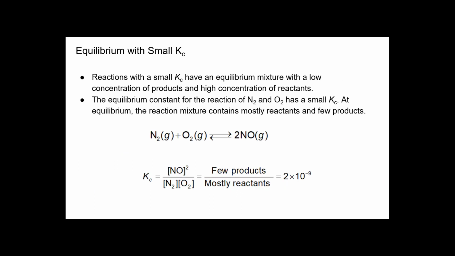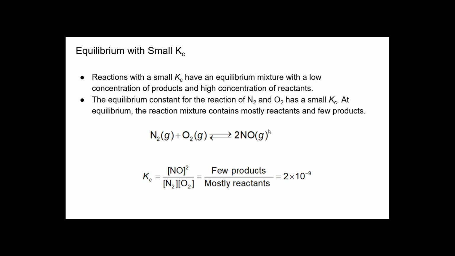Now, an equilibrium with a small equilibrium constant means that when equilibrium occurred in the mixture, there was a very small concentration of products and a very high concentration of reactants. So let's take a look at this problem here.